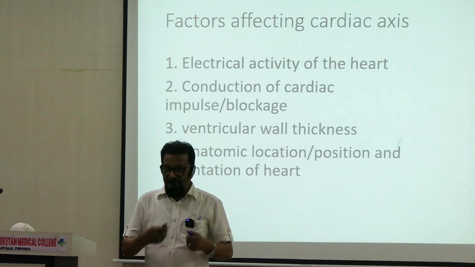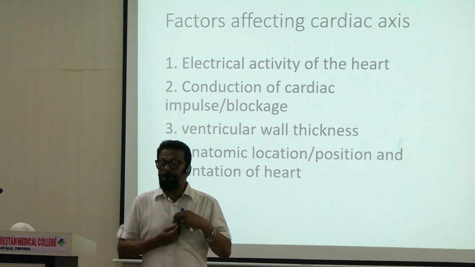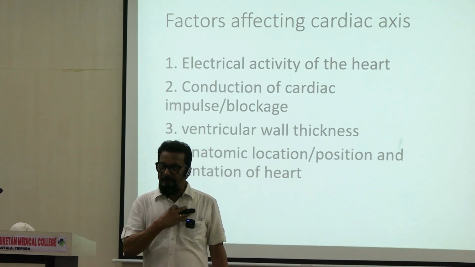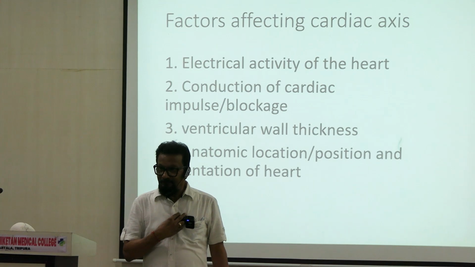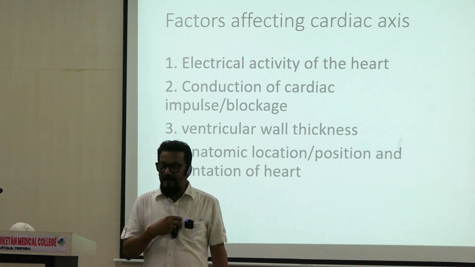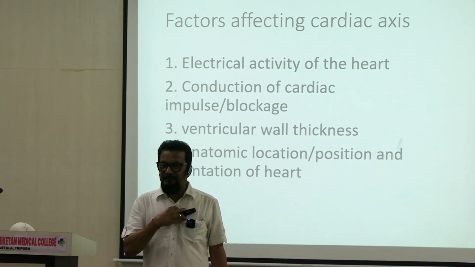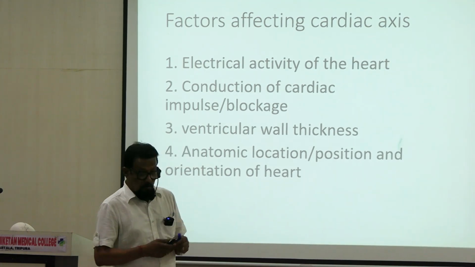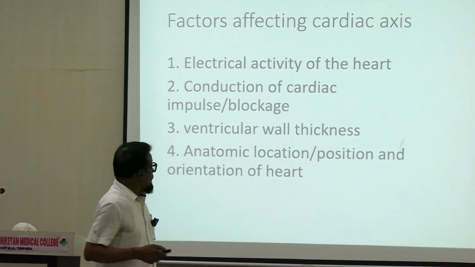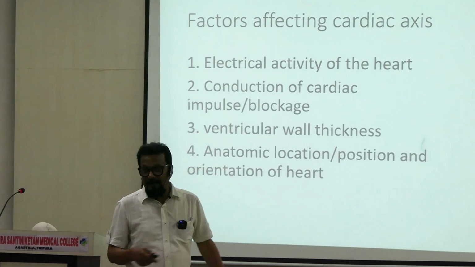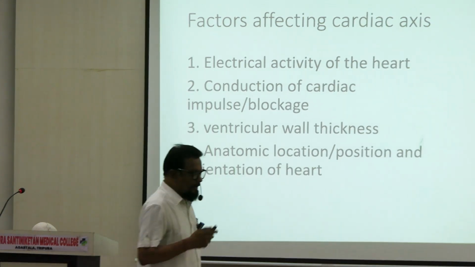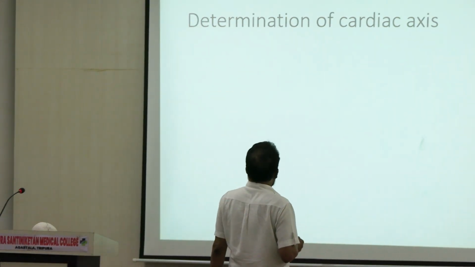Sometimes the heart is vertical, it may remain oblique, it may remain horizontal. It happens during right axis deviation, during left axis deviation, and in the normal axis. So what is the orientation of the heart, what is the position of the heart, we can also assess from the electrical axis or cardiac axis.